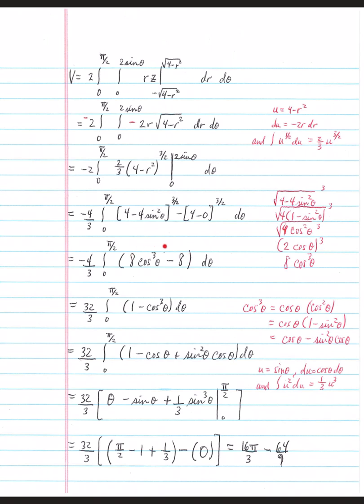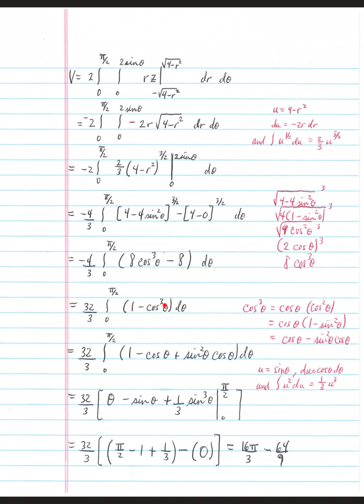Now I'm going to move the 8 out and reverse the order. And that'll make this lead coefficient positive. So factoring out an 8 makes negative 32/3, but reversing the order due to subtraction, that becomes positive.